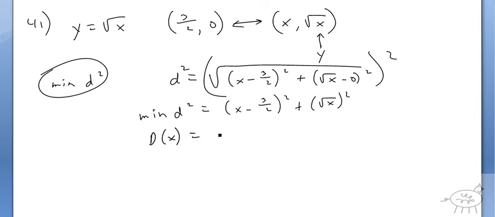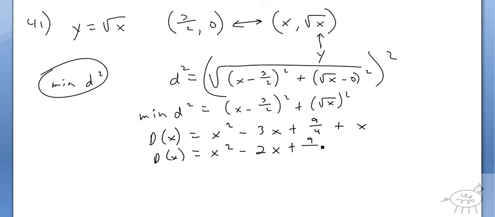If I FOIL this out, I get x squared minus 3/2 x minus 3/2 x, which is minus 3x, plus 9/4 plus x. So d of x is equal to x squared minus 2x plus 9/4.